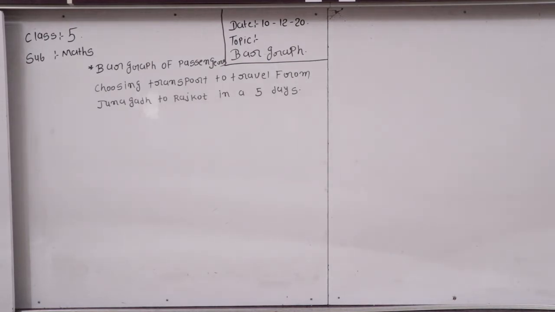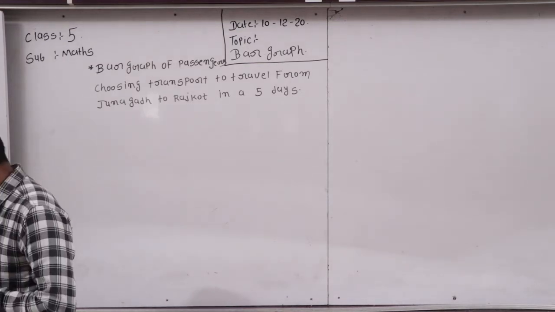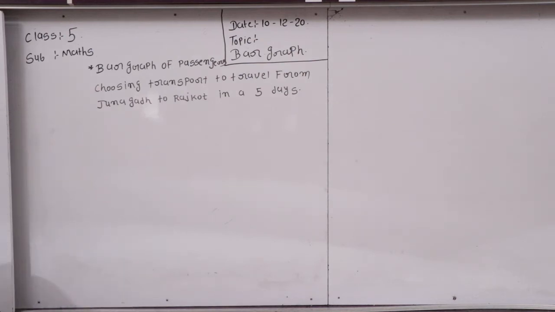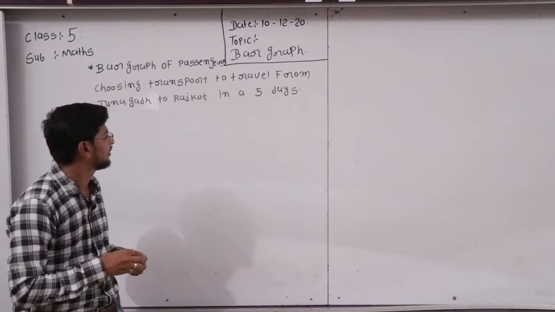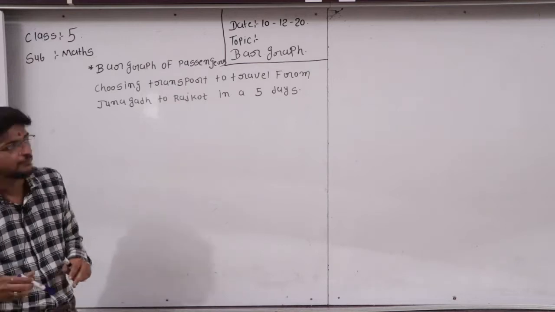Here we got some information about two categories of transport and the number of passengers. So we draw one table. There are 3 columns in the table, right?